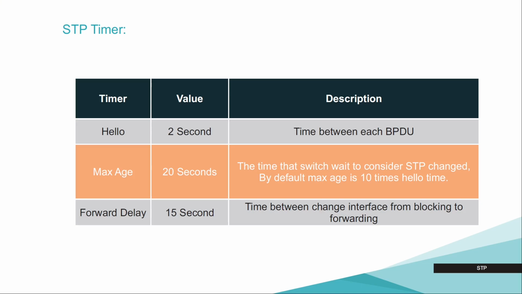We have also the max age time, which is 20 seconds. And this is the time that the switch will wait to consider STP changed. And by default, the max age time is 10 times hello time. We have also the forward delay. Forward delay is 15 seconds, and this is the time between a change of interface from blocking to forwarding.